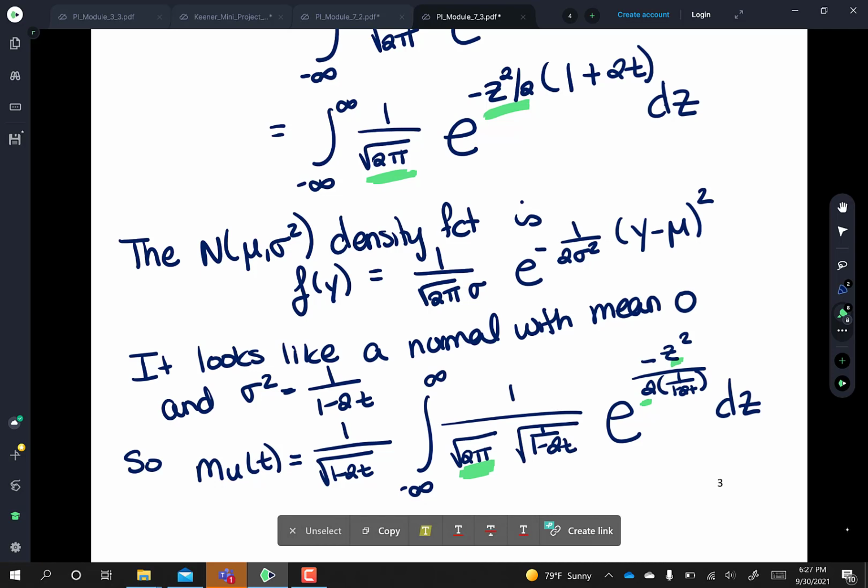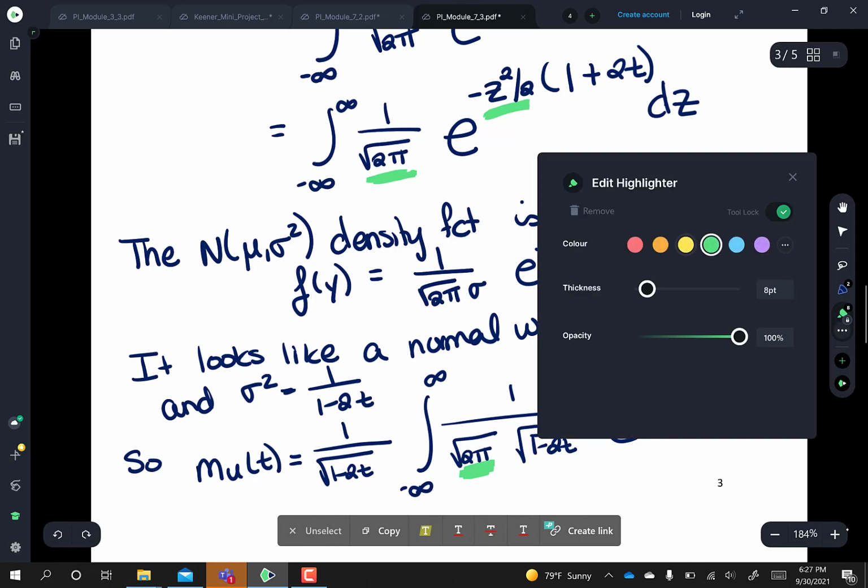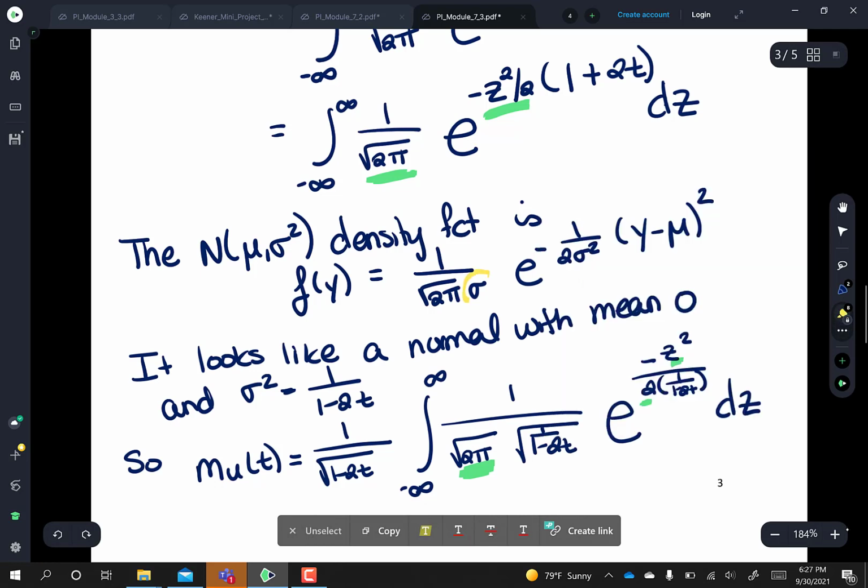Now, in order to get the constant out here so that it looks like a normal, notice in a normal distribution, the only piece we were really missing is having that 1 over sigma out here. So we've added the sigma into the denominator here, and so that's the square root of 1 over (1 minus 2t).